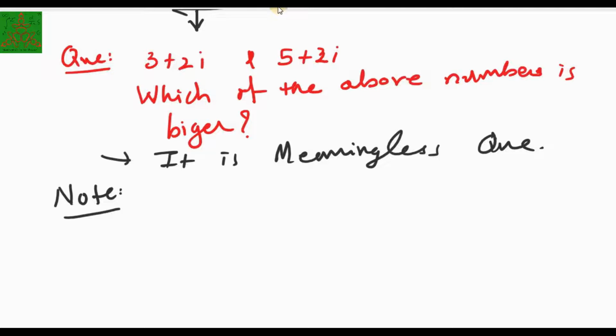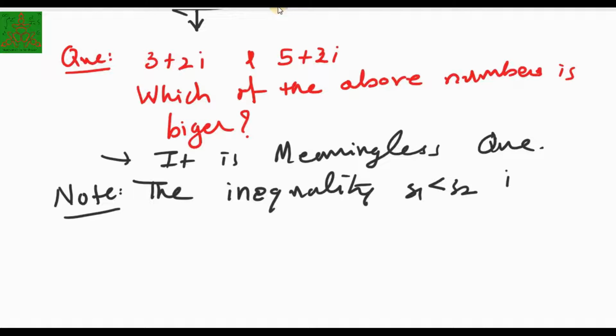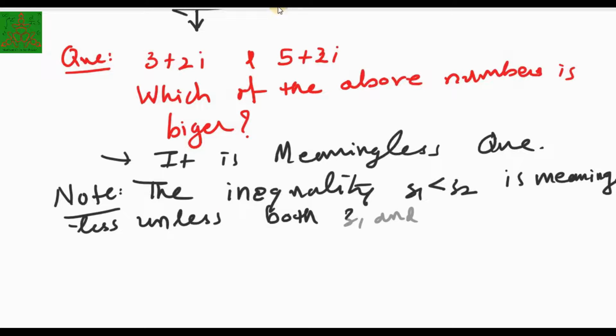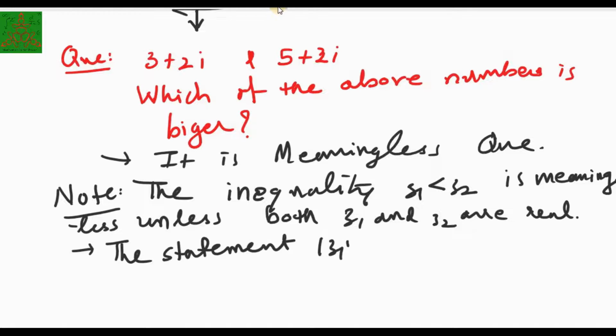We can talk about bigger in length, but not about the vector itself being bigger. So the inequality z1 less than z2 is meaningless unless both z1 and z2 are real. The statement mod z1 less than mod z2 does have a meaning, because mod z1 and mod z2 are real numbers.